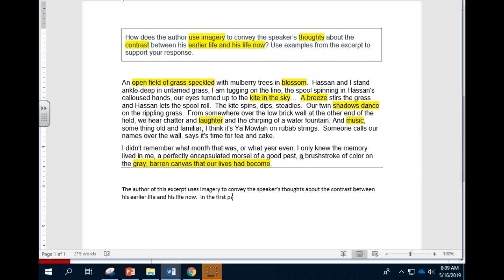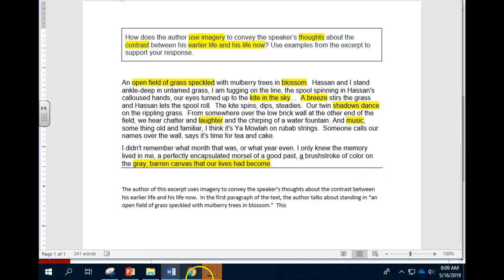In the first paragraph of the text, the author talks about standing in, see my quotation marks? I'm going to use the exact words from the text, "an open field of grass speckled with mulberry trees in blossom."